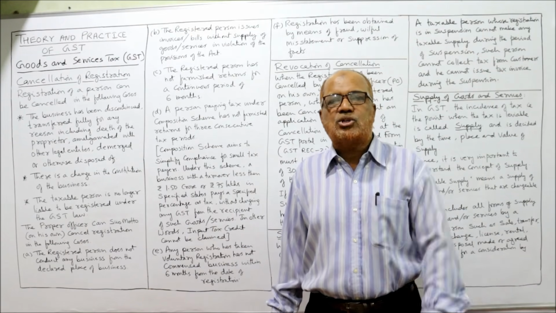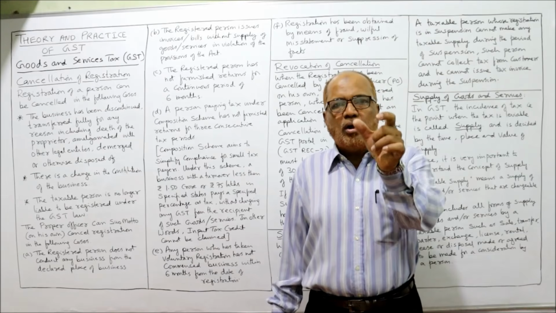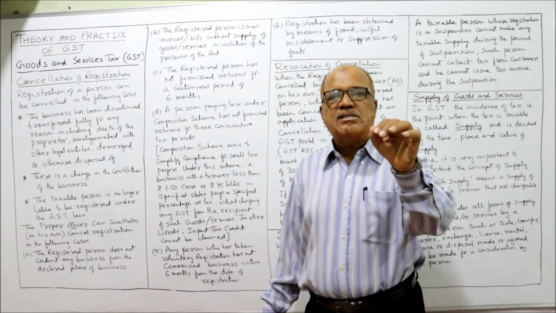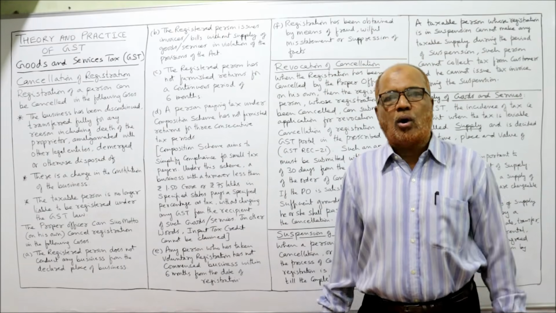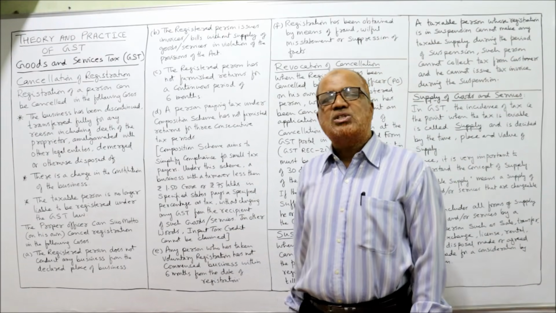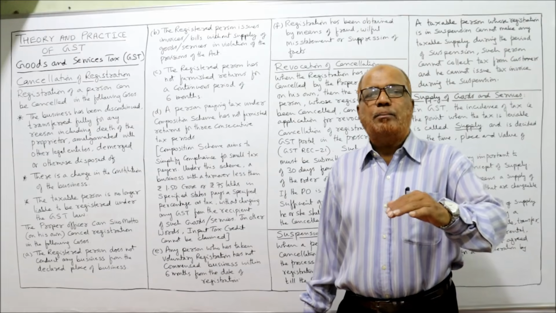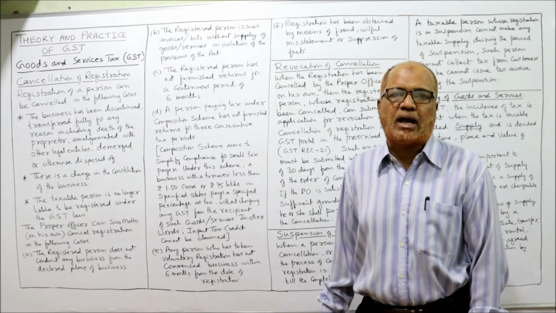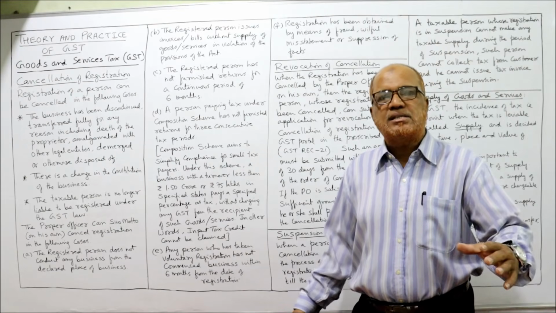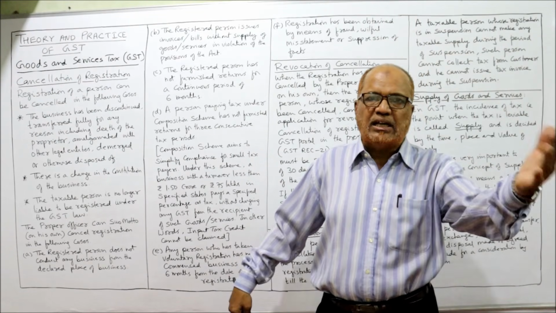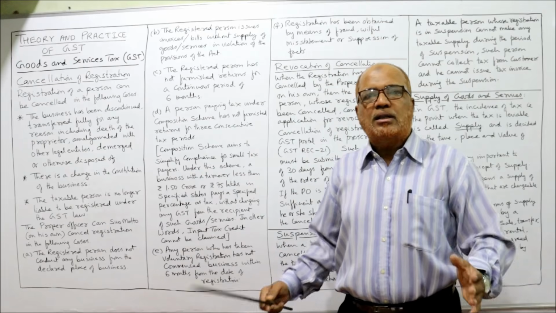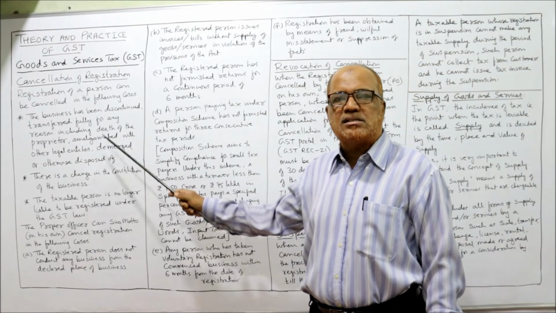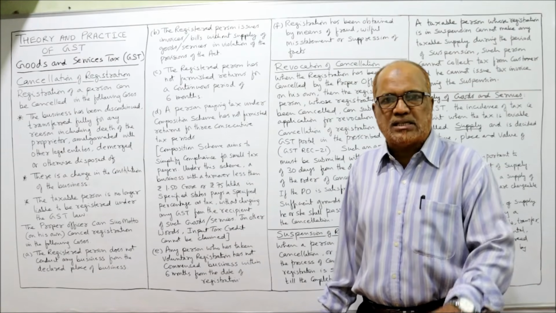Demerger means separation. So in all these circumstances, the business may be discontinued, or transferred fully, or stopped due to the death of the proprietor, or amalgamated with any other business, or demerged. In these cases, the registration will be cancelled.